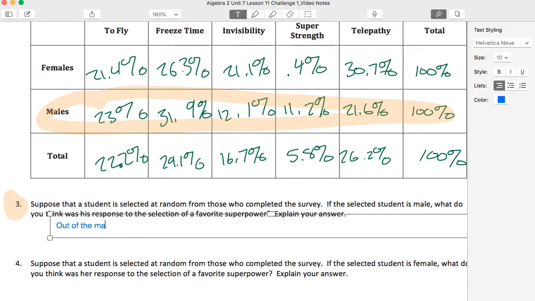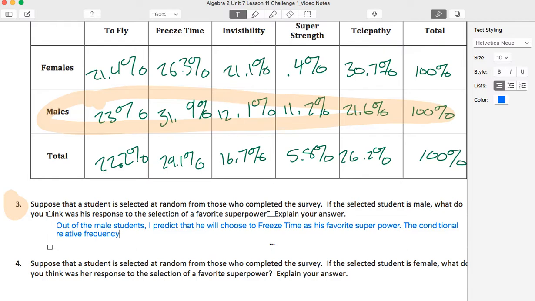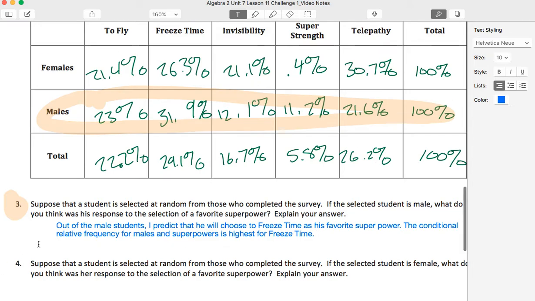Out of the male students, I predict that he will choose to freeze time as his favorite superpower. The conditional relative frequency for males and superpowers is highest for freeze time. Basically, out of all the males, what is the highest percentage?